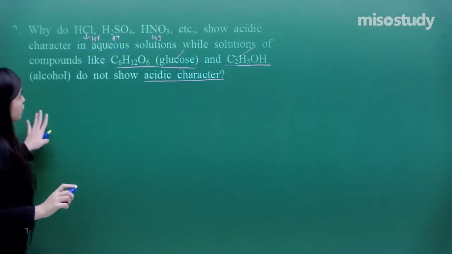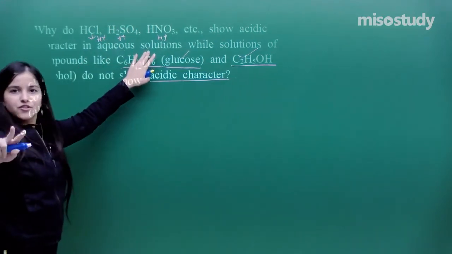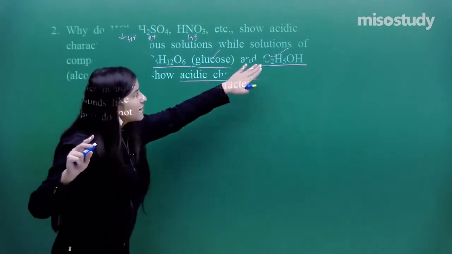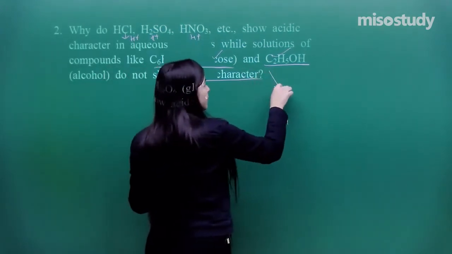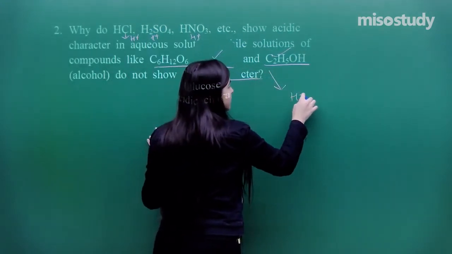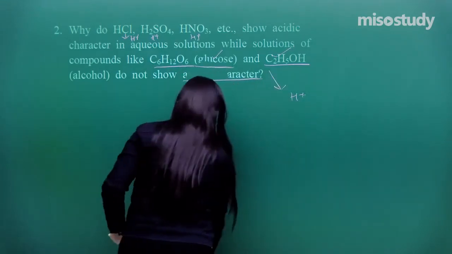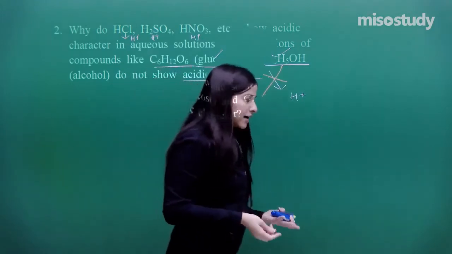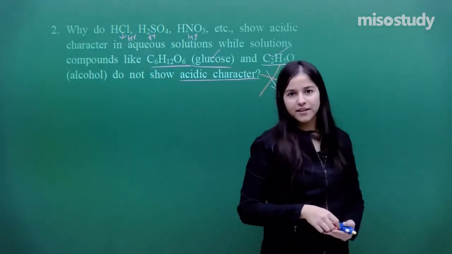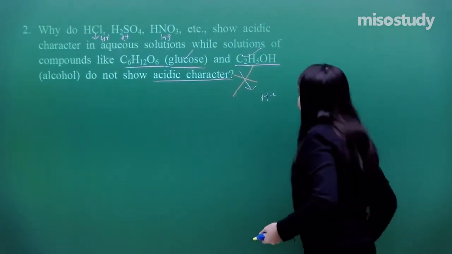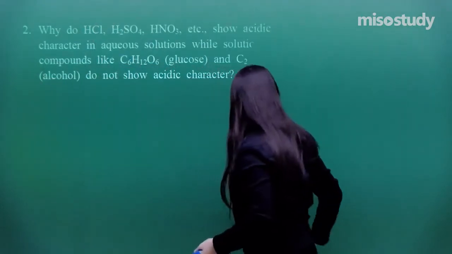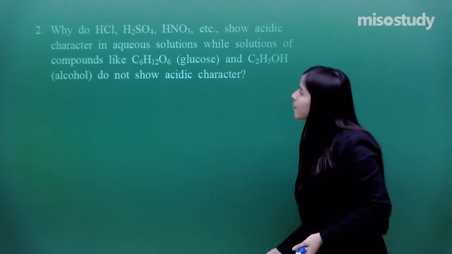These are only responsible for that color change, for that indication. Whereas glucose and alcohol do not give any H positive ions in the medium, and that is why they are not at all acidic in nature. So this was question number 2, just a one-liner you have to write over here.